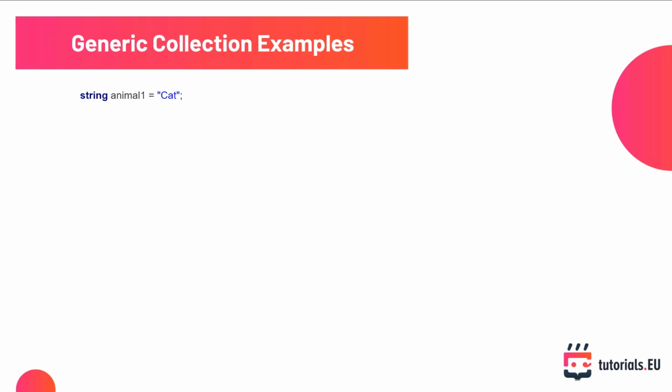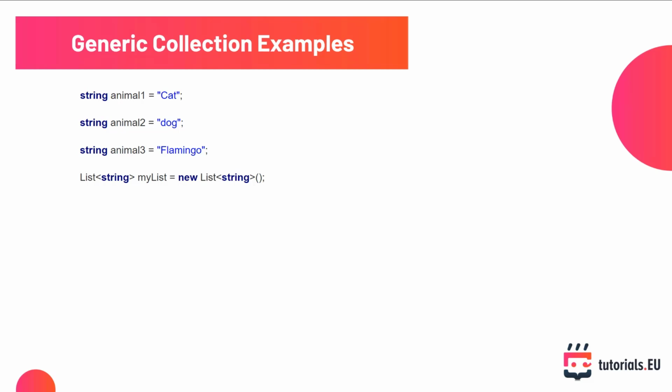So now let's look at the generic collection. So this one will have animal 1, animal 2, animal 3, and it will be of type list, and we're going to call it my list. So you can see this list can only store strings. So we're creating this strings list. And since the list is a generic collection, it can really only hold one type of objects.